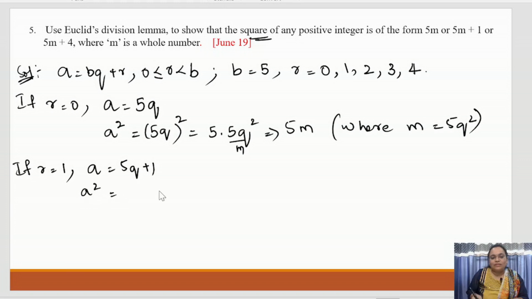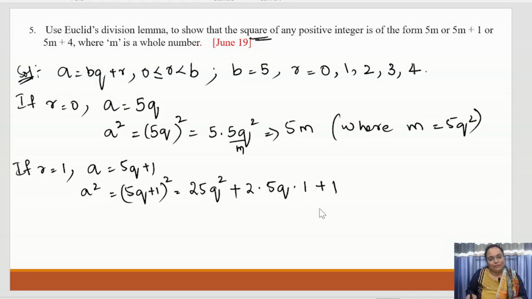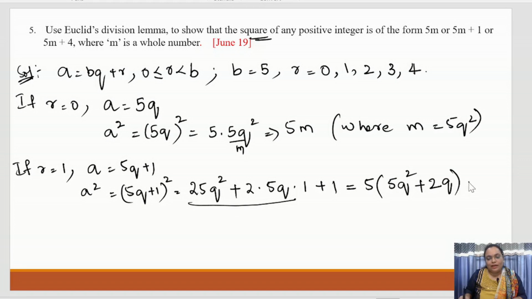Squaring on both sides, you will get 5q plus 1 whole square, which is 25q square plus 2 into 5q into 1 plus 1. If we take 5 common here, you will get 5 into (5q square plus 2q) plus 1.